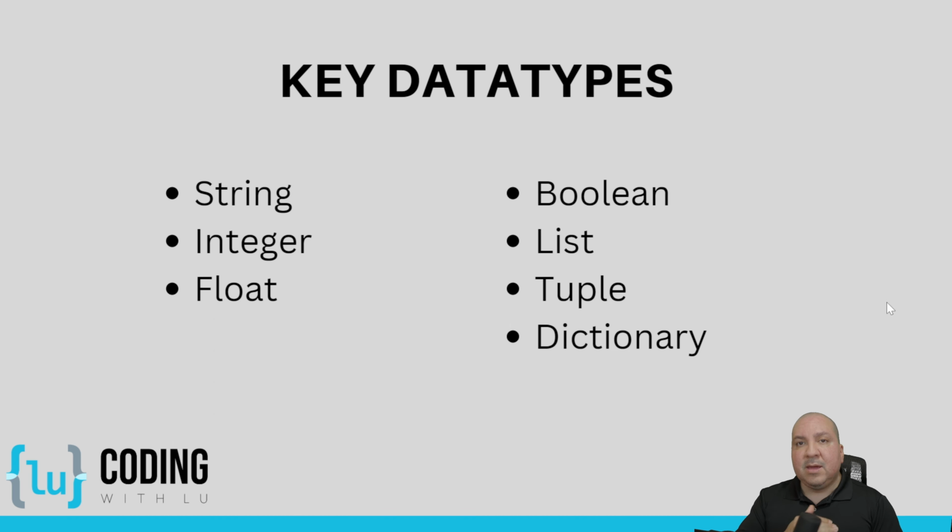Characters could be letters, like words, but they could also include numbers. It doesn't have to be strictly letters only. It could be numbers as well. Integer: an integer is a whole number. That's the easy way to think of it. Now, there are different types of integers: integer 2, integer 4, integer 8.